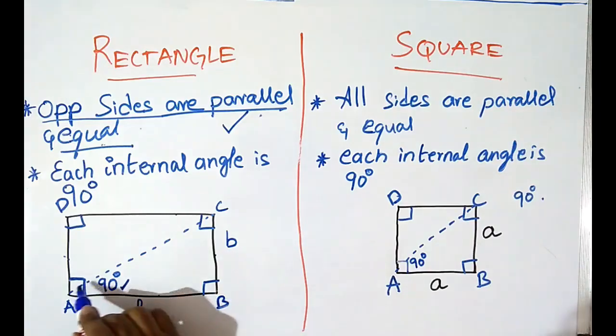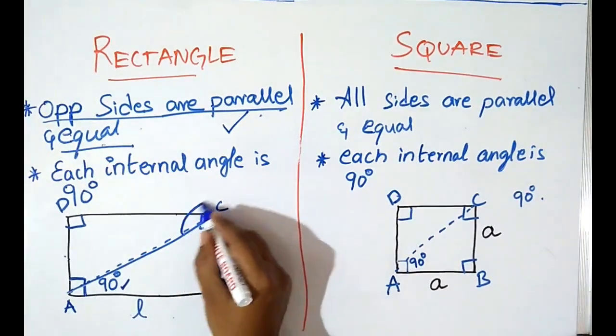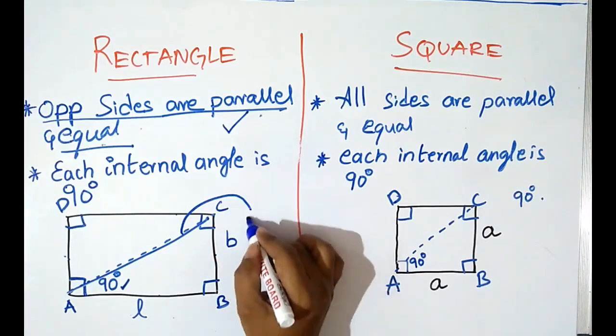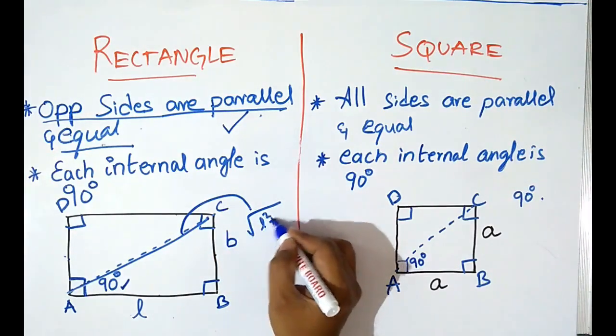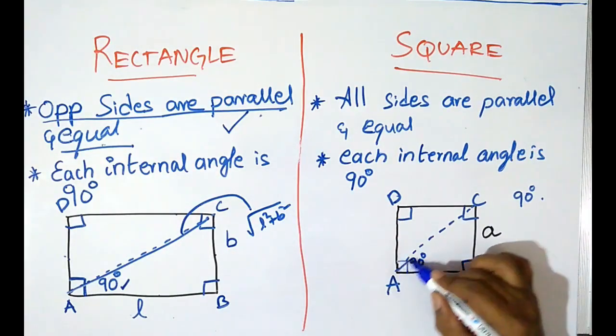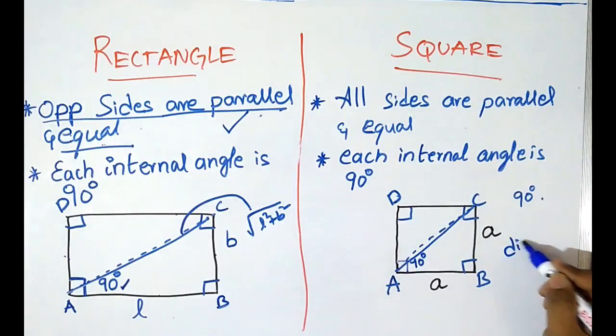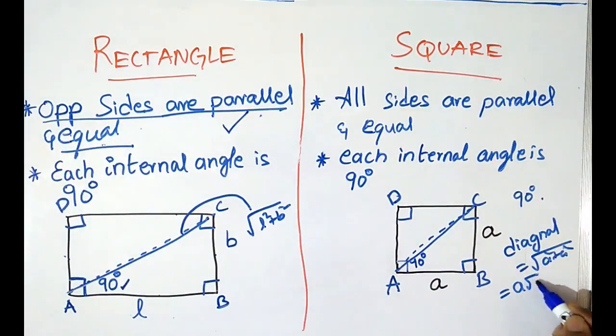And if we come to the diagonal of rectangle, this diagonal is given by root of L square plus B square. Here in square, the diagonal is given by A root 2.